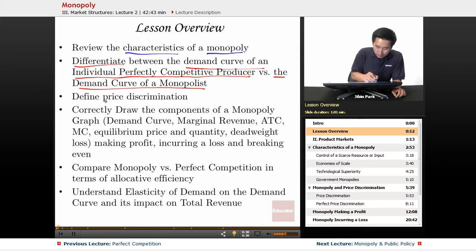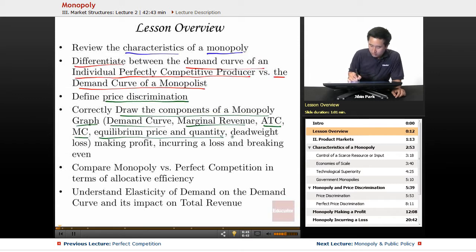We're going to define price discrimination, what exactly price discrimination is, and correctly draw the components of a monopoly graph with the demand curve, marginal revenue, ATC, MC, equilibrium price and quantity, deadweight loss, making profit, incurring loss, and also breaking even.